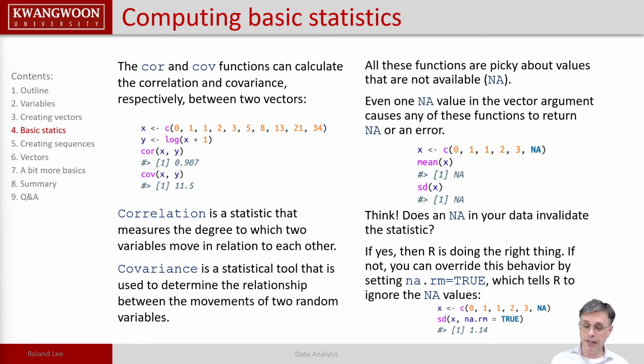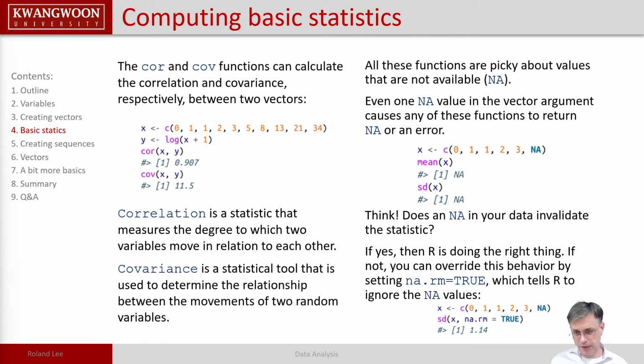Now, covariance is a statistical tool that is used to determine the relationship between the movements of two random variables. Great. The correlation and the covariance functions can calculate the correlation and covariance respectively between two vectors.